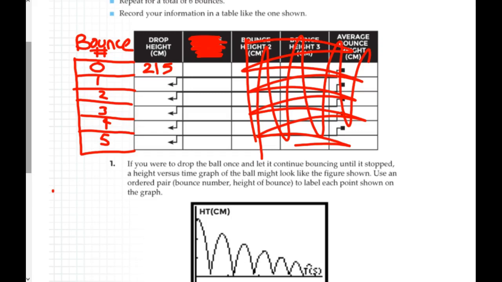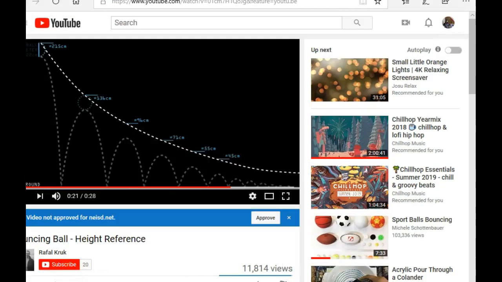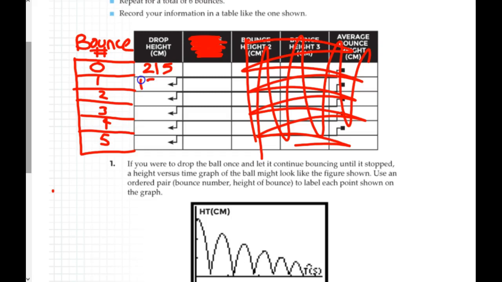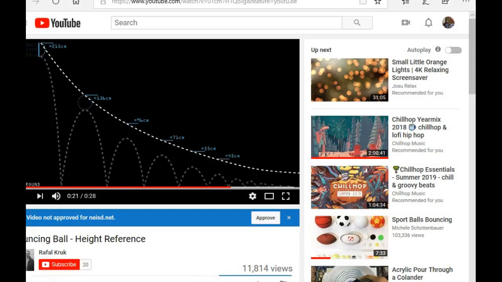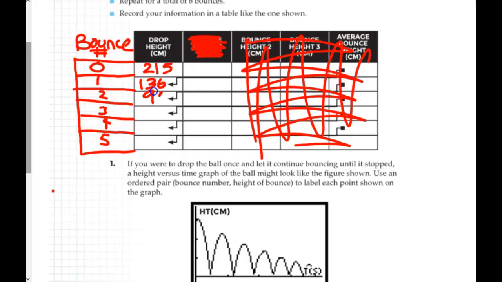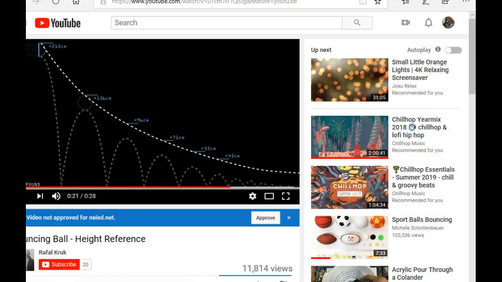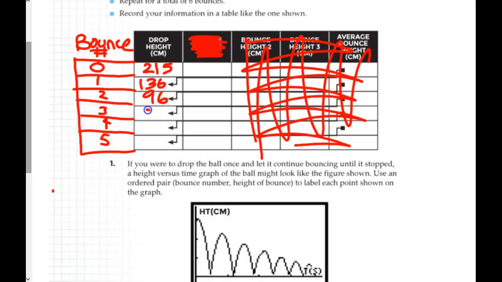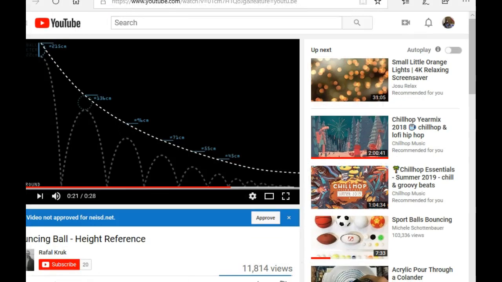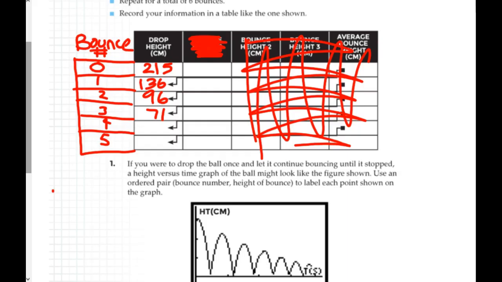Okay, so 215. And then we have 136 after the first bounce. Bounce 1, 136 centimeters. Second bounce, 96 centimeters. Third bounce, 71 centimeters. Fourth bounce, 55. Fifth bounce, 45.